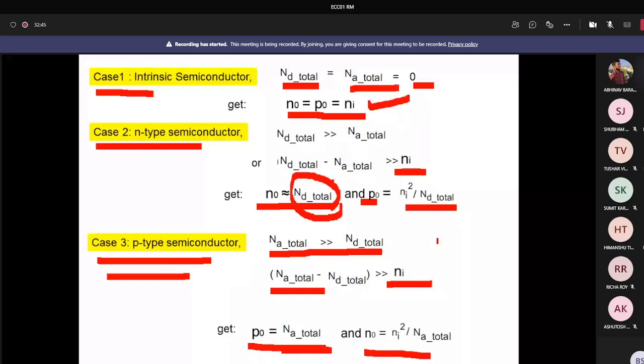All charge carriers are thermally generated and they are equal. Now I am asking what types of carriers are there in intrinsic: electrons and holes. Fantastic.